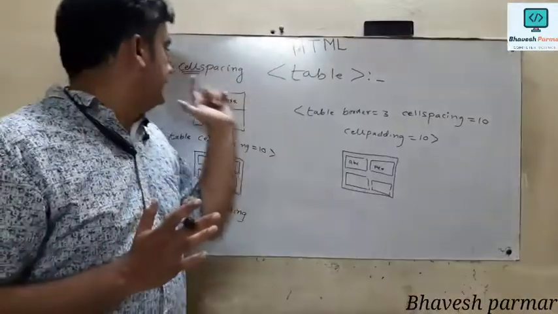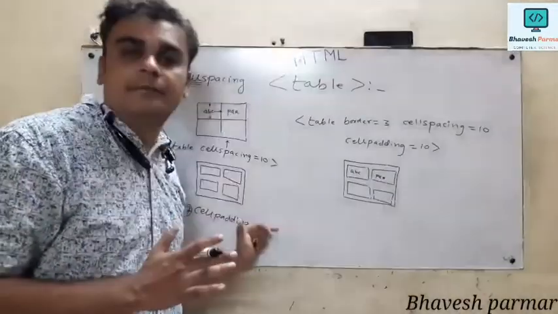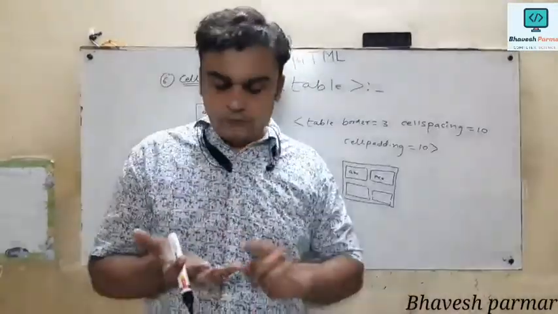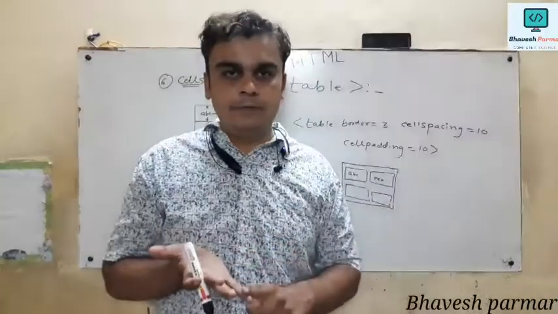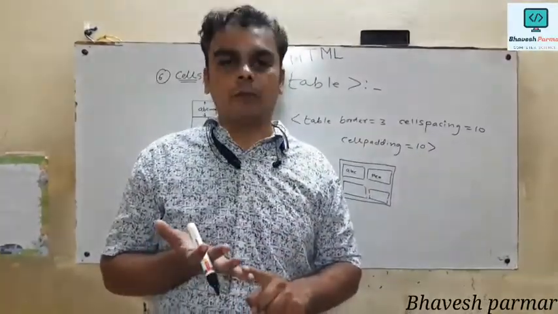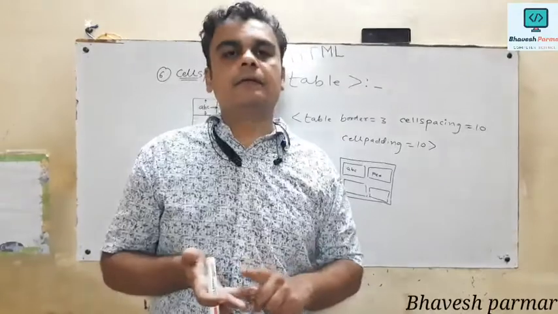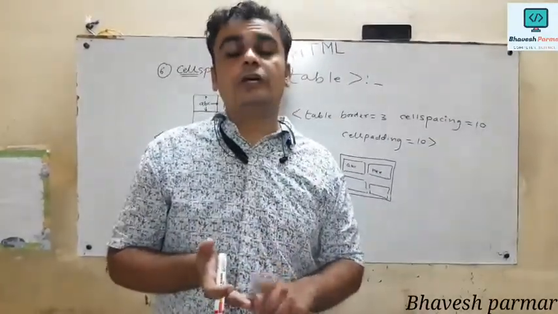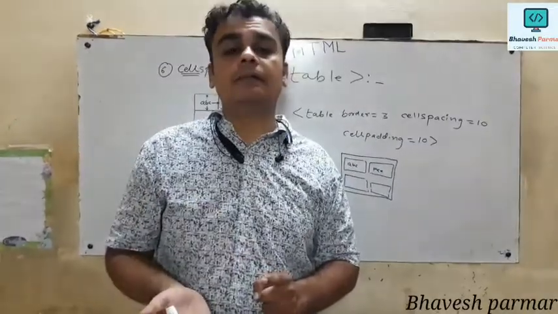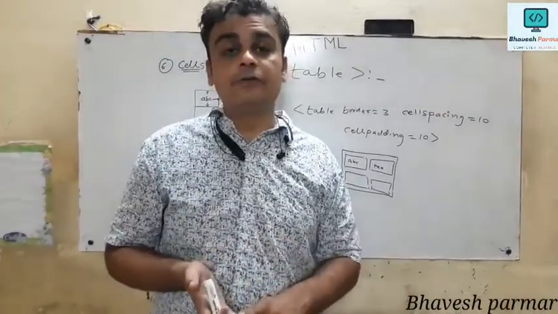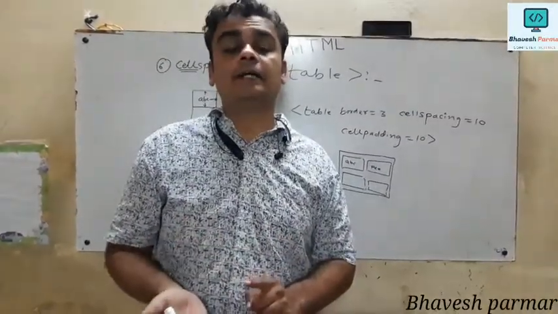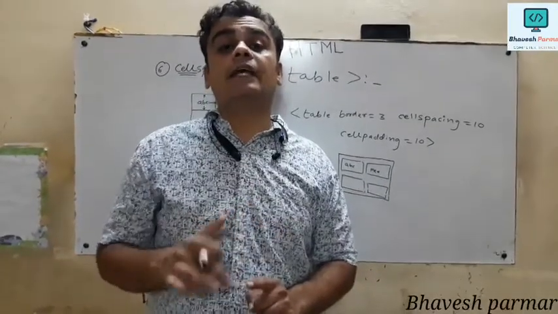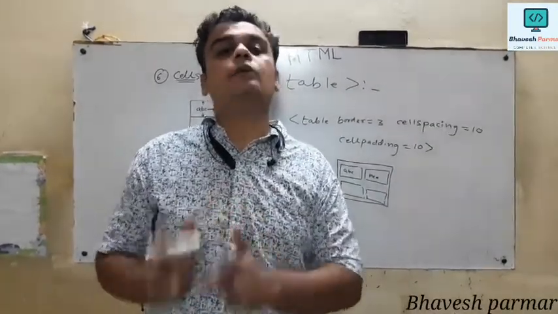So we have studied approximately 7 attributes. Which are those attributes? First one we have discussed, the border attribute, which is used to give the proper outline to the table. Then the BG color attribute helps to give the actual background color to the table. The border color attribute helps to give the outline color to the table.